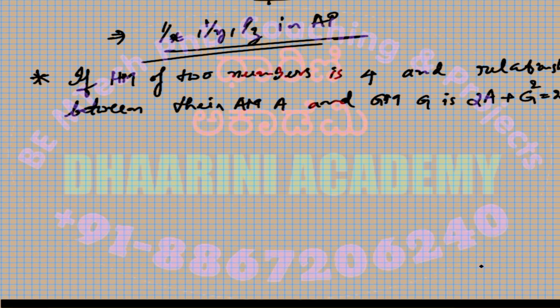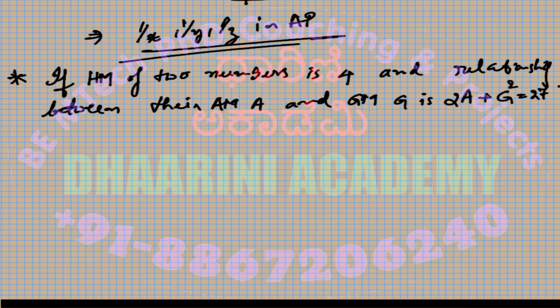Okay, so this is the relationship between A and G of the same two numbers.